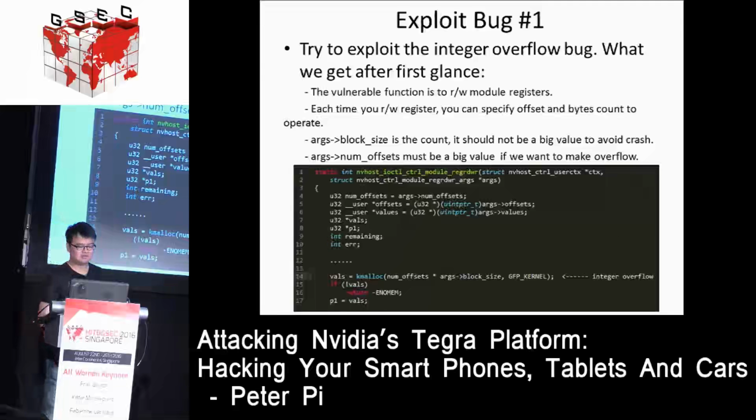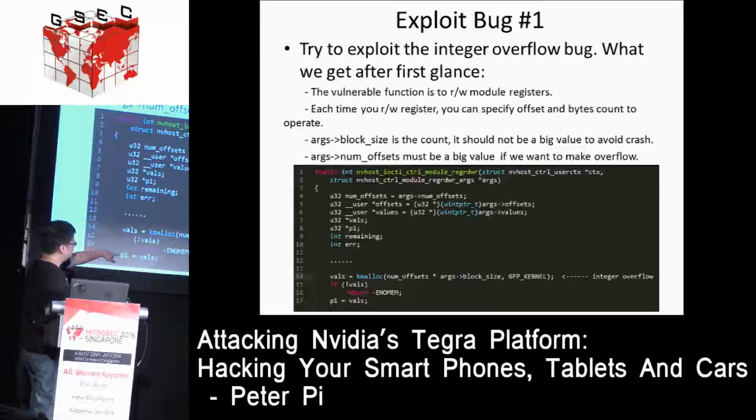Okay, now I will try to exploit the first bug, the integer overflow bug. So what do we get after a first glance? The vulnerable function is to read and write module registers. And each time you read or write the register, you can specify one offset and byte count to operate.